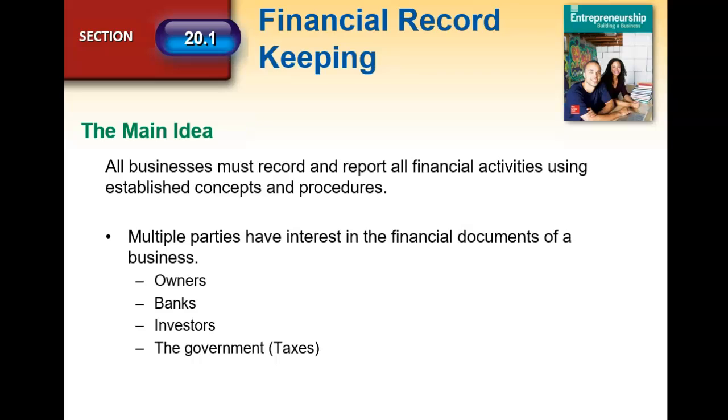Along those same lines, having all this information consistent is because more than just you wants to know about that information. We also have the owners of the business, and we say owners just because you're an entrepreneur and you're the owner. You may have a lot of passive owners that just want to look at numbers but provide you with financing. They're part of the way businesses function as well. Banks. You may want a loan from a bank. A bank that sees poor financial accounting statements loses interest in working with that client very quickly.